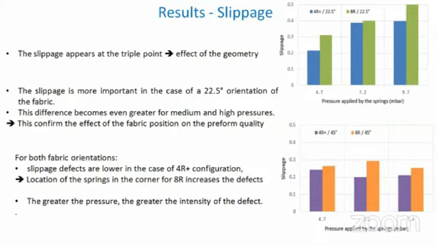For both fabric orientations, slippage defects are lower in the case of the 4 springs configuration. The location of the springs in the corners, for 8 springs, increases the defect. The greater the pressure, the greater the intensity of the defect.